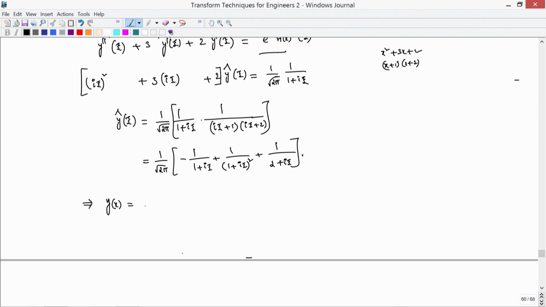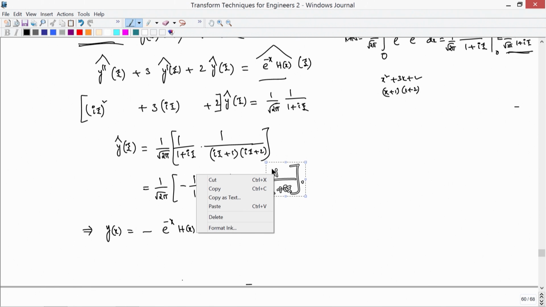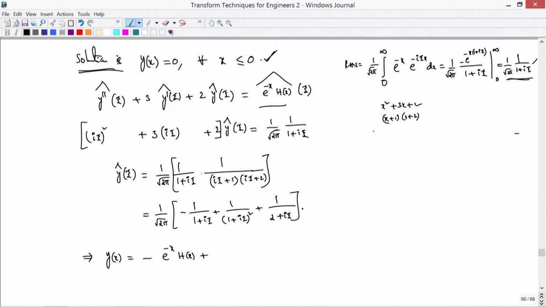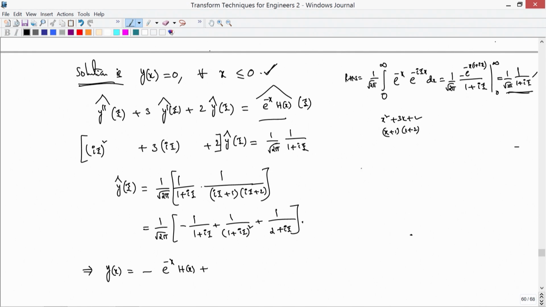So, minus e power minus x h of x, and here plus, and for the squared term, you try to get the Fourier transform of e power minus x times h of x, for which you multiply by x for this full transform.